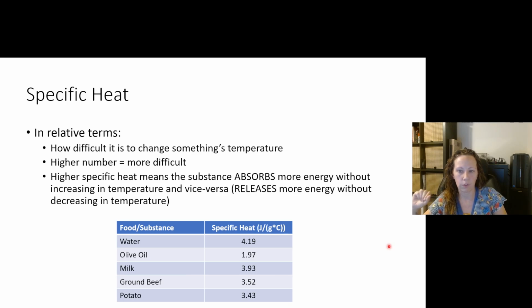So if I take this boiling pot off the stove, it's going to stay hot for twice as long as the same pot of oil taken off at the same temperature. We generally heat oil a little bit higher than water, but let's just say they're the same temperature. And thus, it will continue to cook the food that is inside the pot for longer.